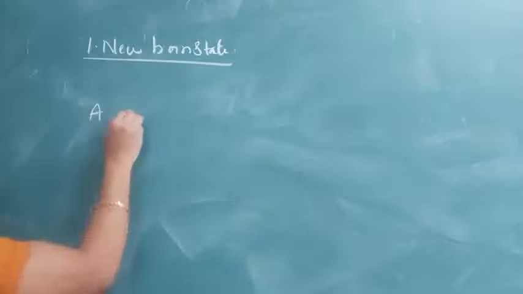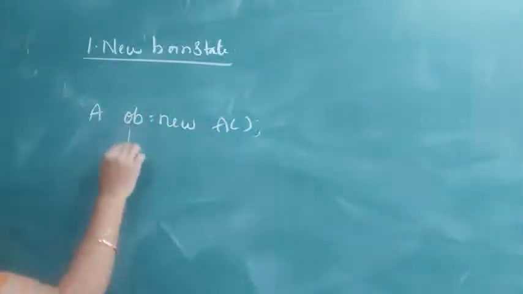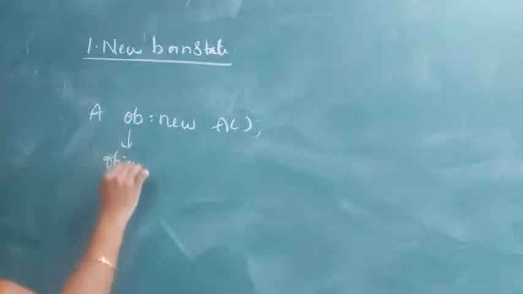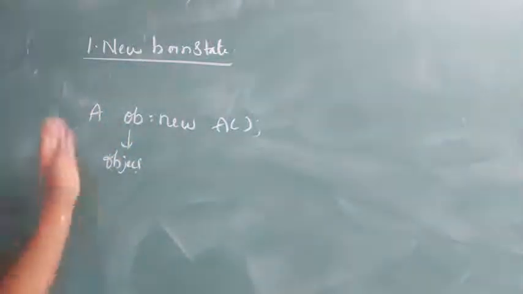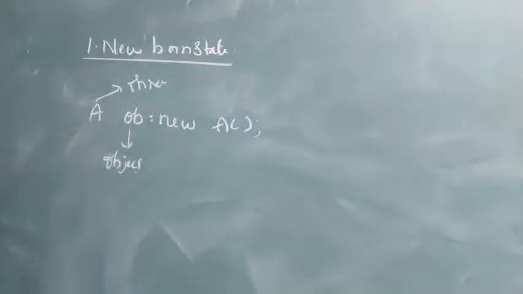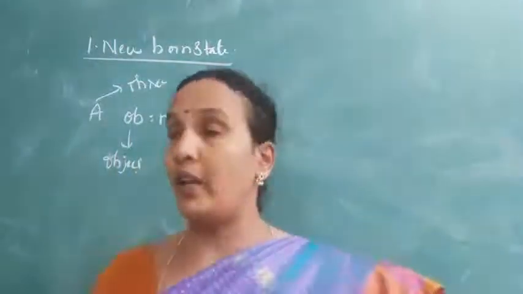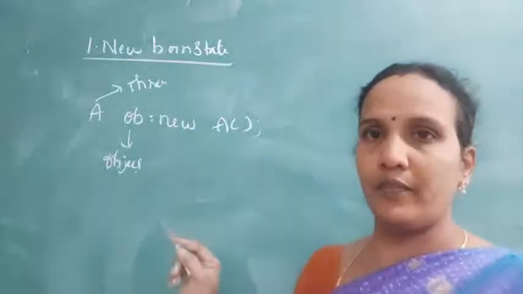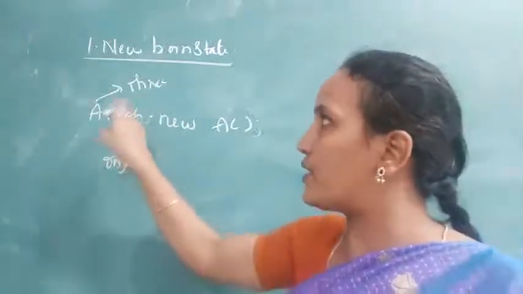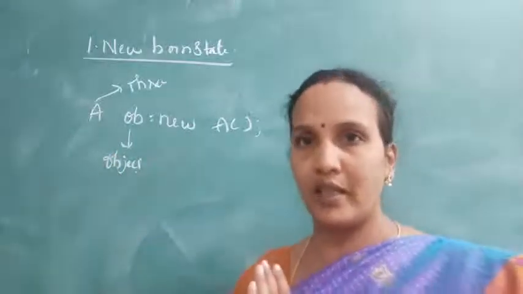For example, here I am creating a thread: A OB = new A. Here OB is an object of a thread. When you create an object of a thread, at that time the thread is created, but it is not scheduled for starting its execution.